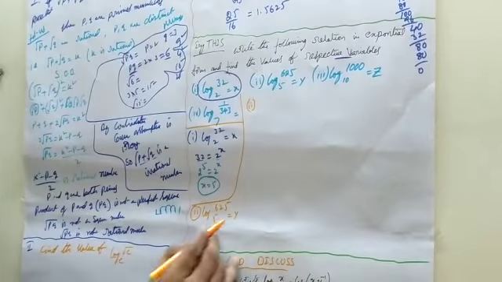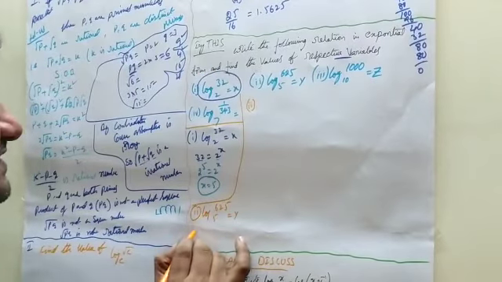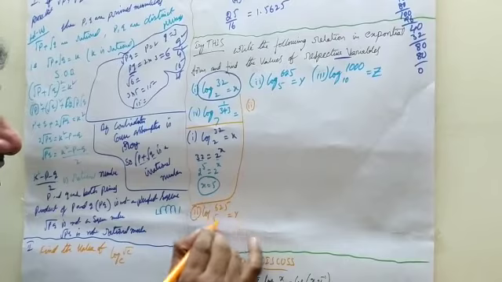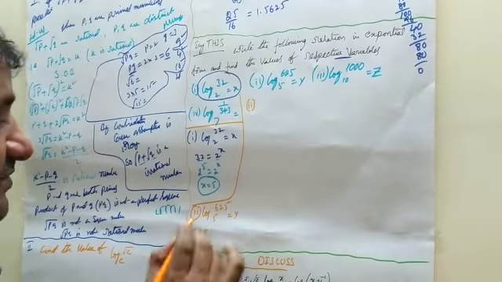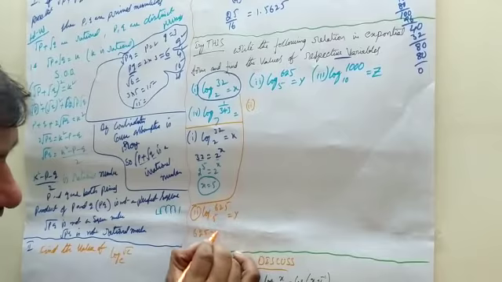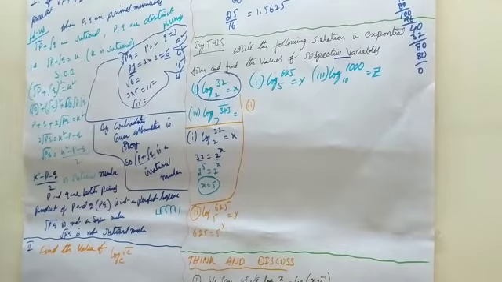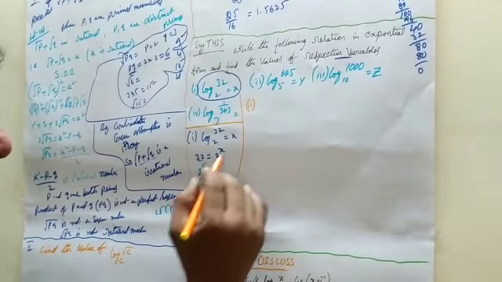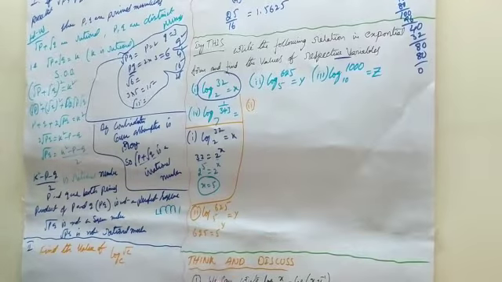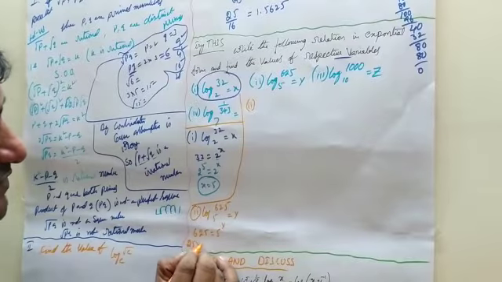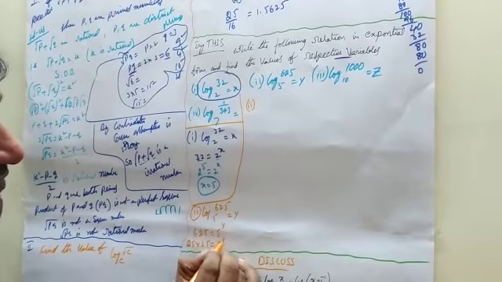This is the logarithmic form, and it changes into exponential form: 625 is equal to 5 power y. Now 625 means 25 into 25, so 25 into 25 is equal to 5 power y.